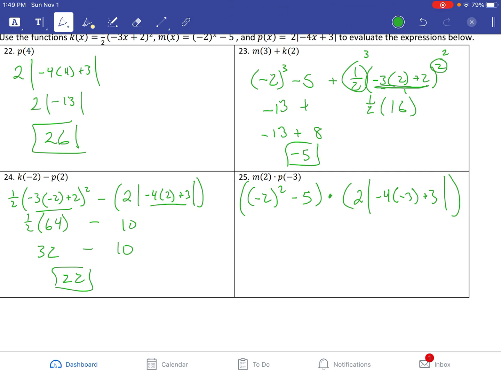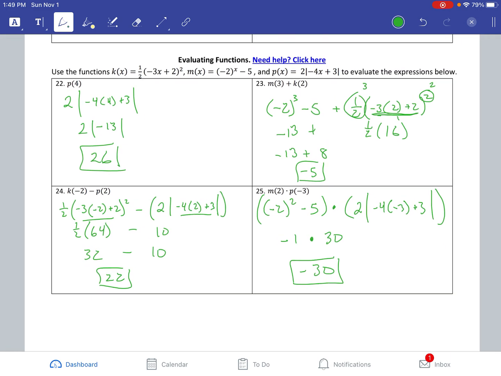And close the parentheses. All right, so inside my parentheses on the first part, I have negative 2 squared is positive 4, and 4 minus 5 is negative 1, times negative 4 times negative 3 is positive 12. Positive 12 plus 3 is 15. The absolute value of 15 is still 15. And 2 times 15 is 30. So that gives you negative 30 because you're going to multiply negative 1 times 30.